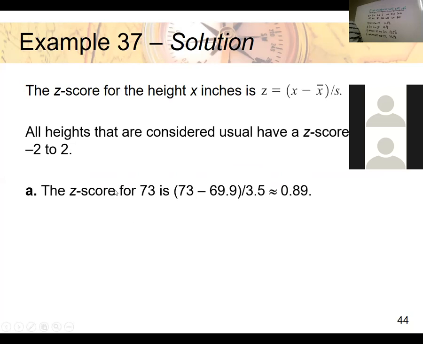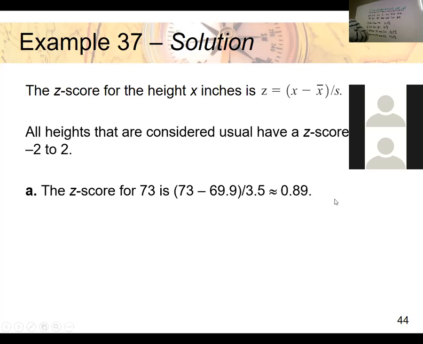So the z-score for 73: 73 minus 69.9, the mean, divided by the standard deviation, 3.5 inches. 73 minus 69.9 is 3.1, divided by 3.5, approximately 0.89.